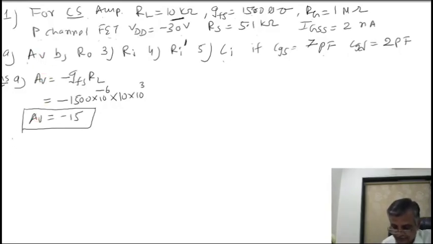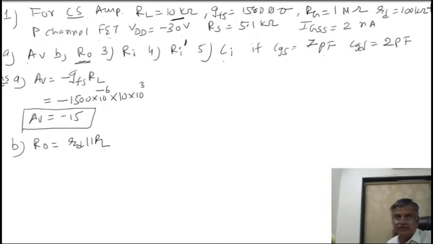Second, B. They are asking you RO. RO is nothing but RD parallel RL. Here I forgot to write the RD. RD they have given as 100 kilo ohm. So 100 kilo ohm parallel 10 kilo ohm.